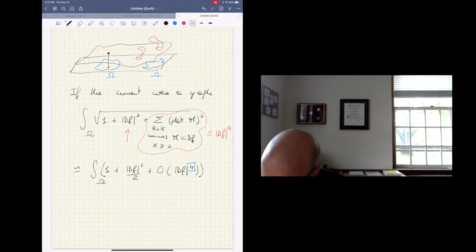Okay, that being the case, you can imagine that your current must be close to the graph of an harmonic function.